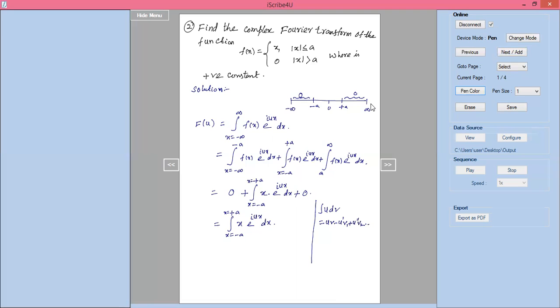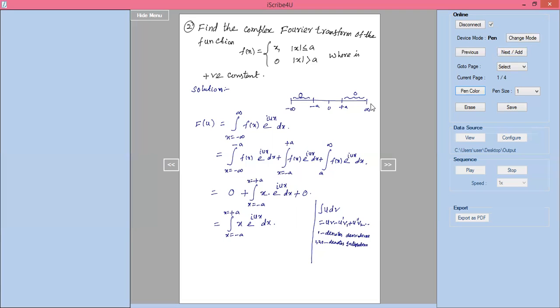See, dash denotes derivatives, and 1, 2, 3 denote integration.